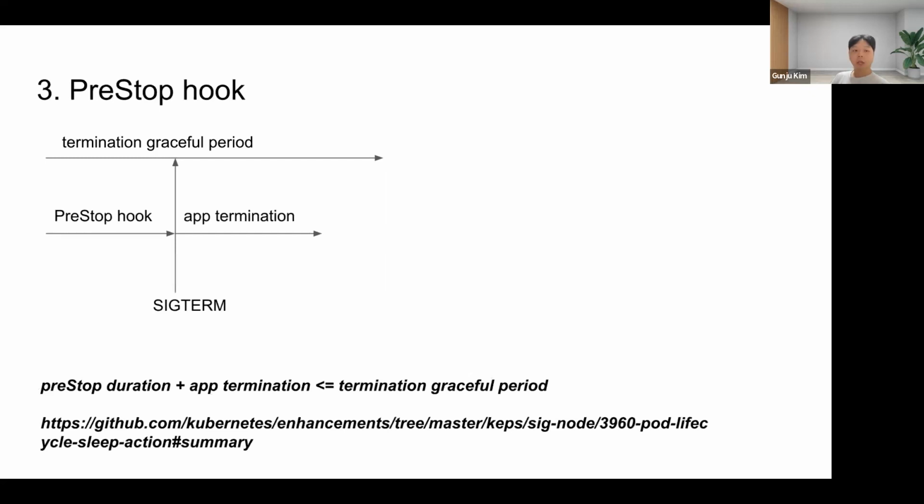And if the container has a pre-stop hook, then the container termination starts with executing the pre-stop hook handler, and then the app receives the signal after it finishes the pre-stop hook.